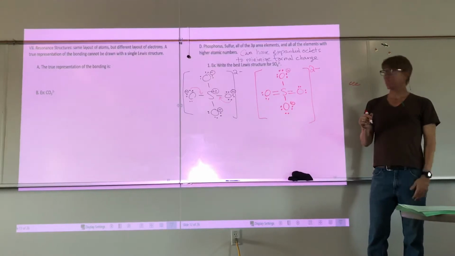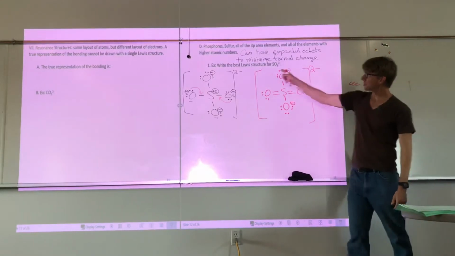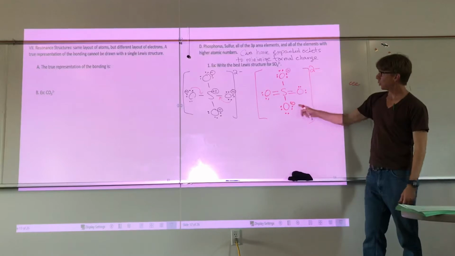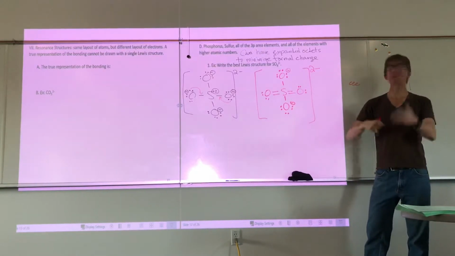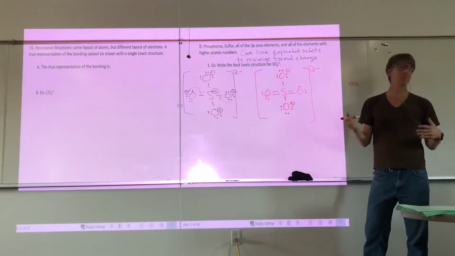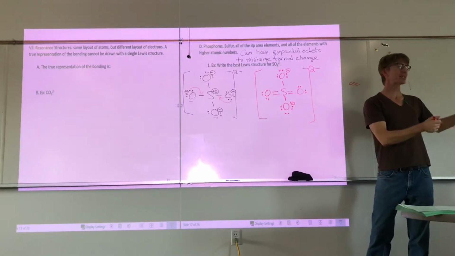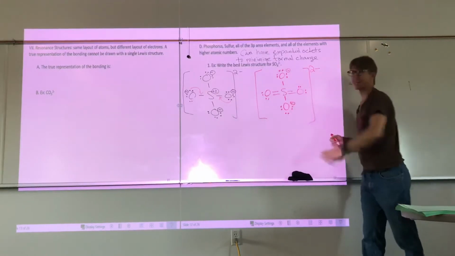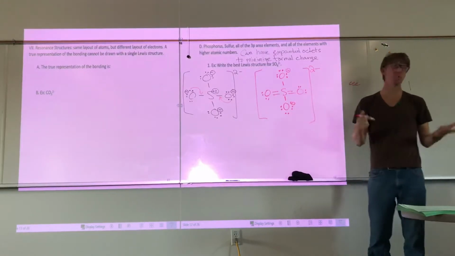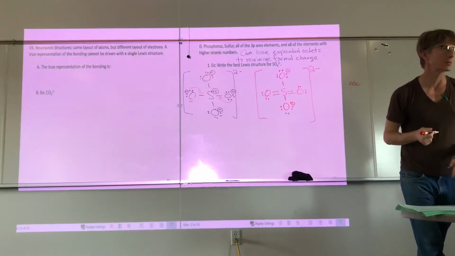A couple other things I'll say about this is, you can use the brackets or the formal charges or both. Any of those is fine. Actually, as we get towards the end of the class and as you move towards organic chemistry, you won't use the brackets anymore. You'll just note the formal charges. That's fine as well.